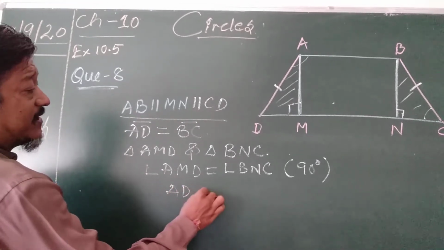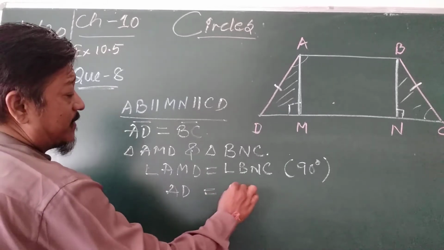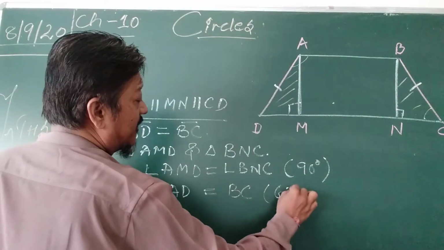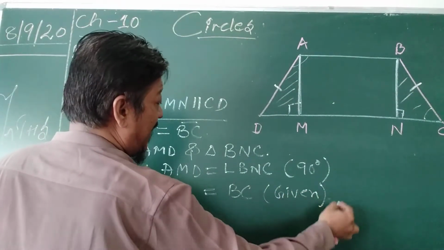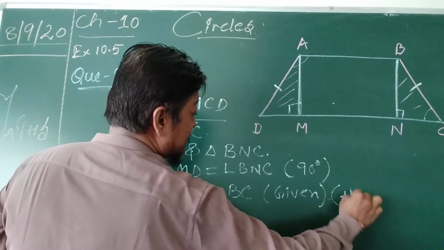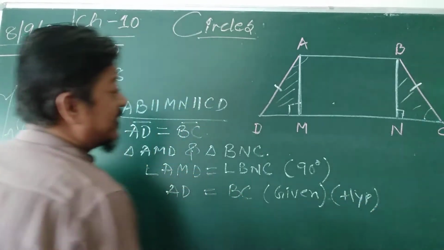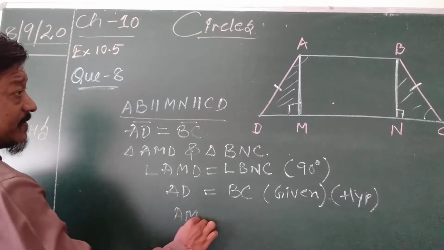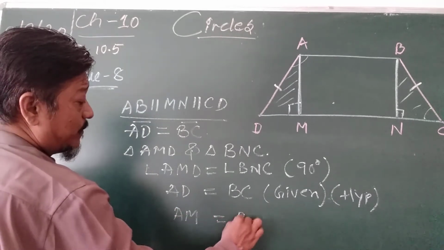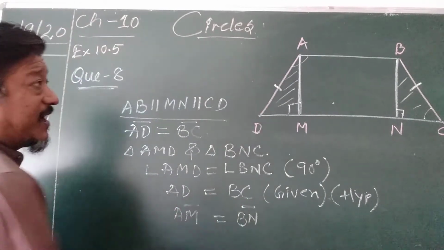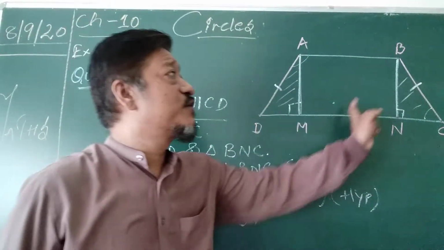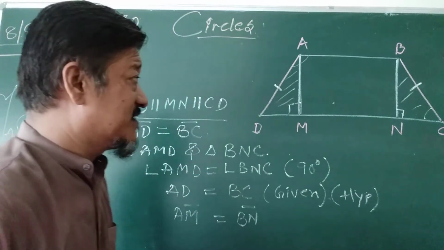AD is equal to BC is given, this is the hypotenuse, and AM is equal to BN, because the distance between two parallel lines is always equal.